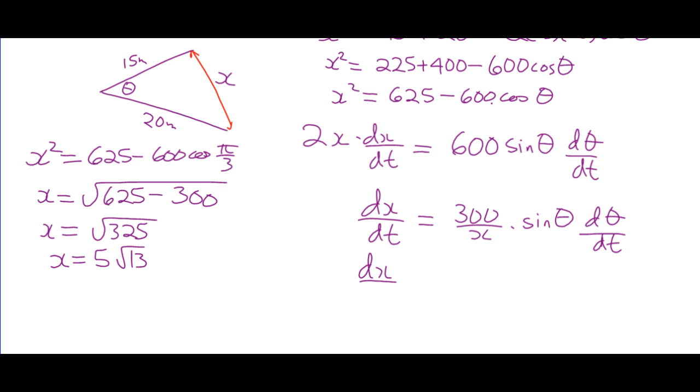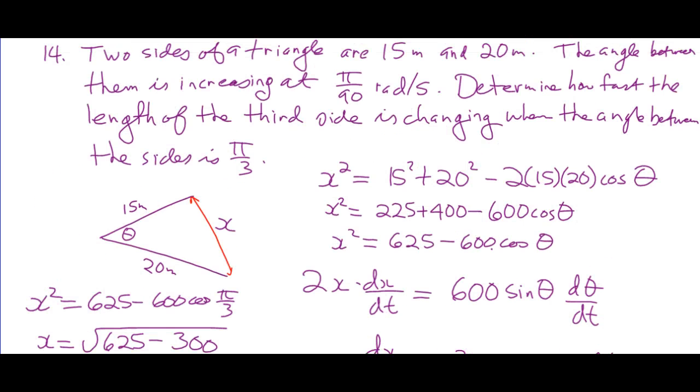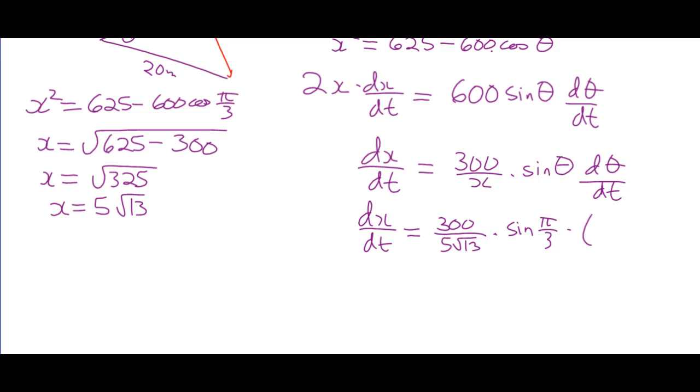Okay, so dx by dt is 300 divided by 5 root 13 times the sine of pi over 3 times d theta by dt, and d theta by dt is pi over 90. All right, what's the sine of pi over 3?